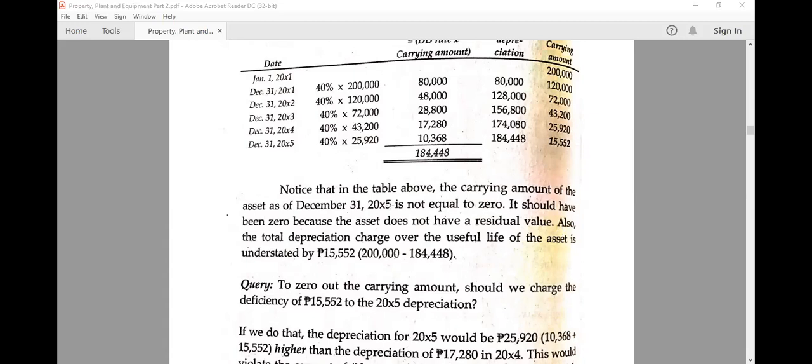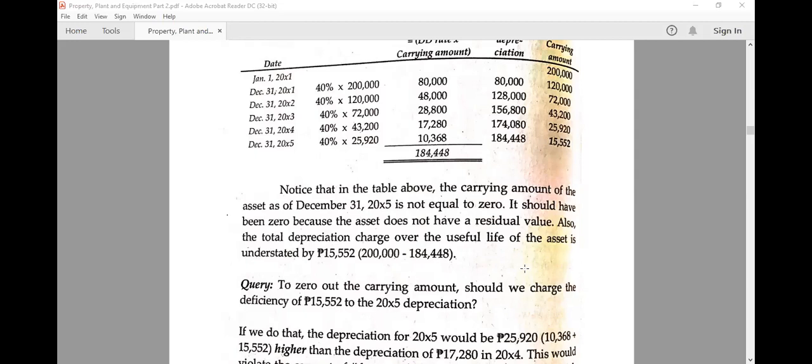I would say though that this situation is not a common one, since normally I've noticed that in answering problems, what will happen is the first case wherein the carrying amount is no longer enough to have another multiplication of the carrying amount and the declining balance rate. So that's the usual case.